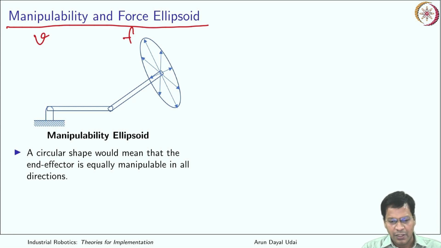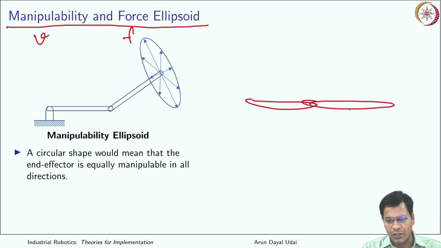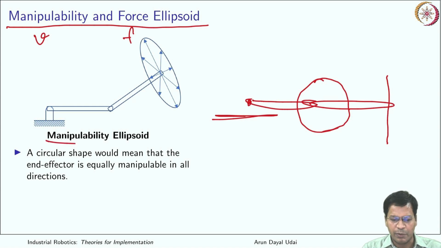So if this arm is fully extended like this, the shape is something like this. Somewhere in between it will have a shape something like this. Over here it becomes very much like this. The shape of this manipulability ellipsoid becomes like this.